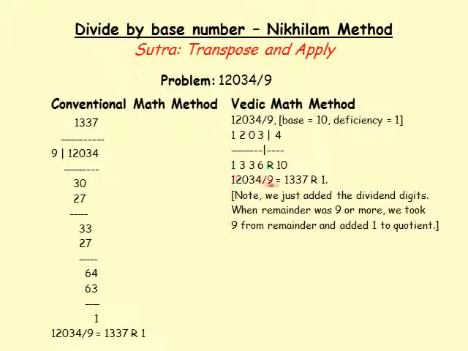We achieved this division by adding the digits in the dividend. When the remainder was 9 or more, we took out the 9 from the remainder and added that to the quotient. So we divided that remainder of 10, which is at least 9, and got a quotient of 1, which we added to the quotient, and remainder 1. So 1337, remainder 1.